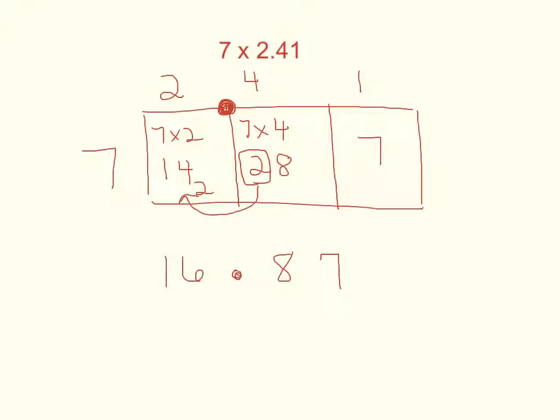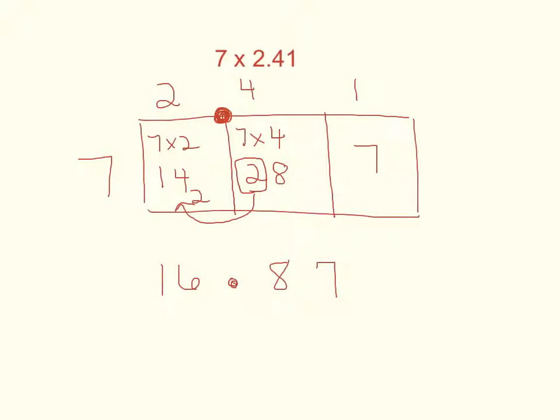So in looking at the area model, or just breaking them into their place value, we have 7 times 2 and 41/100ths. 7 times 2 is 14. 7 times 4 is 28. 7 times 1 is 7. So we have 14 ones, 28/10ths, and 7/100ths, but we know that we can't have 28 in the 10ths place.